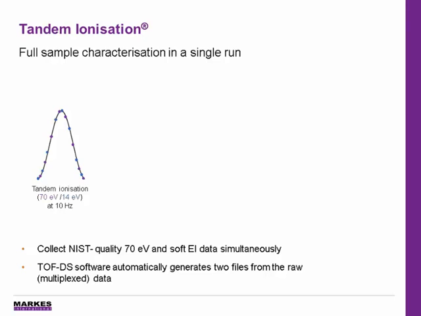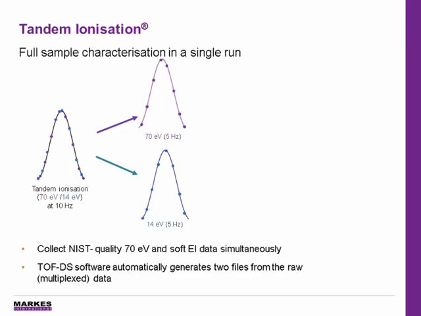However, even with the NIST quality spectra of the BenchTOF, some compounds can remain difficult to identify due to weak molecular ions or similar spectra at 70 eV. Here we see the BenchTOF Select has the power to overcome this using tandem ionization.